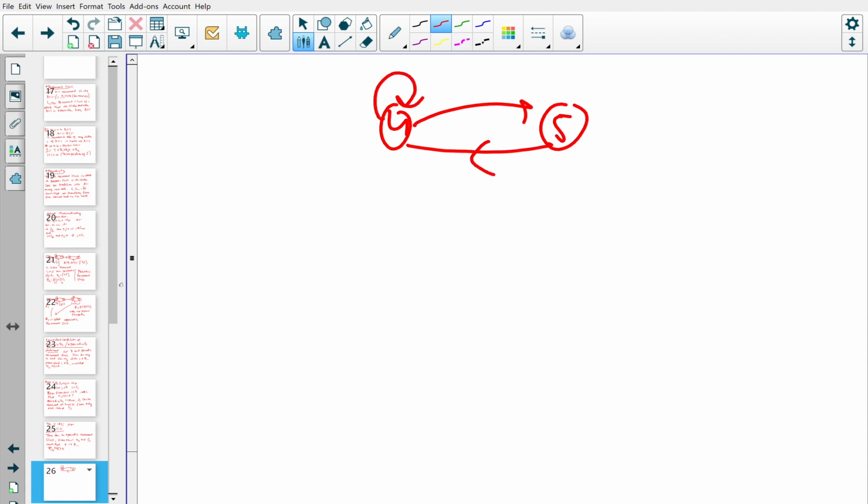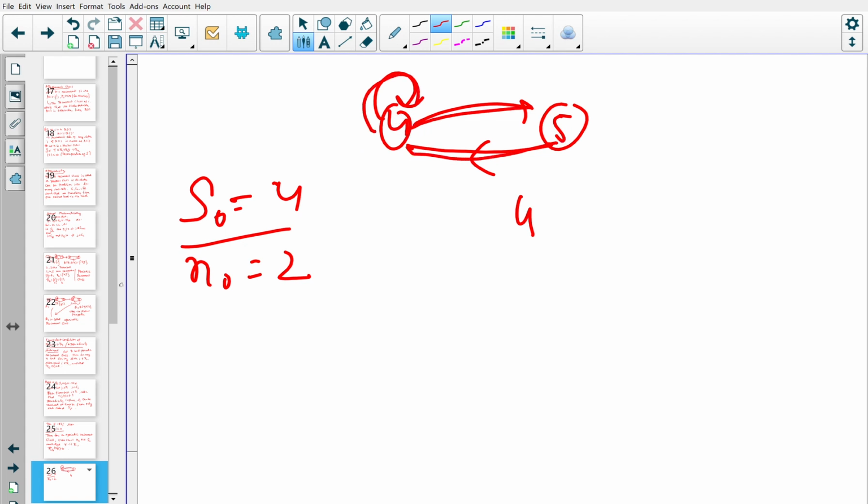So here you see that your state s naught is 4, and your n naught is 2. Now if you start with 4, you can come back to 4 by this and this, or with this and this.